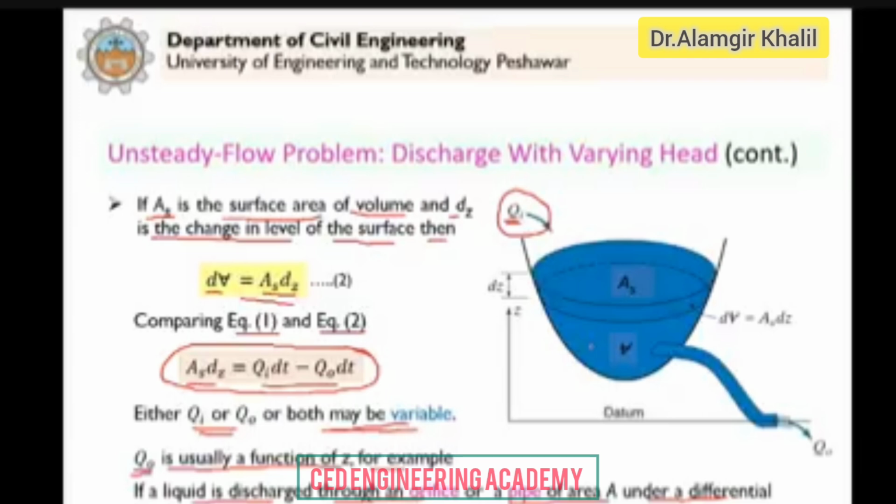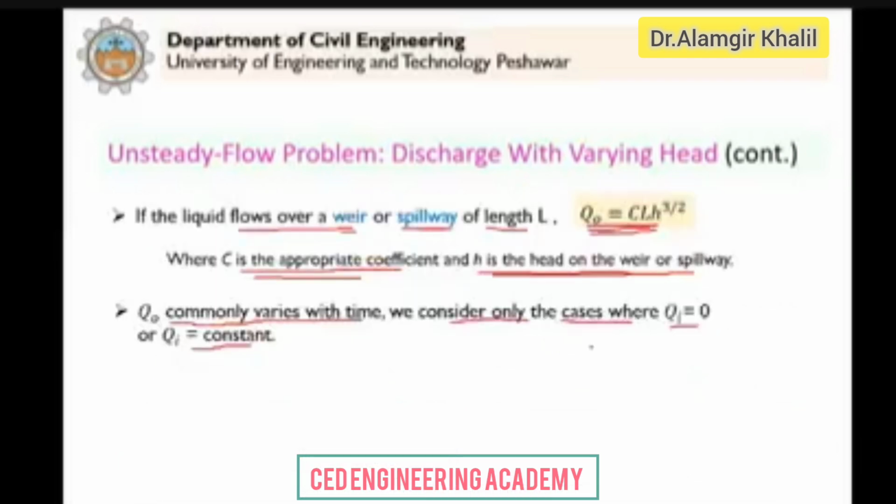But it is coming with a constant value. Now, what is given here is that we consider only the cases where either Qi is 0 or Qi is equal to a constant. So as per our textbook, in the problems that we are going to solve, Qi will be either 0 or it will have a constant value.